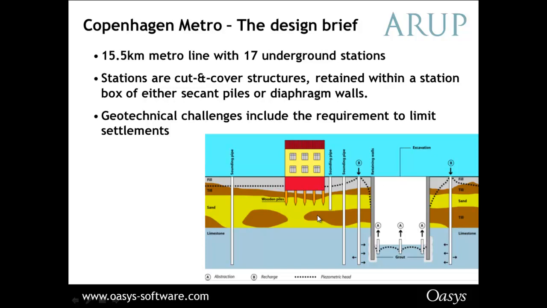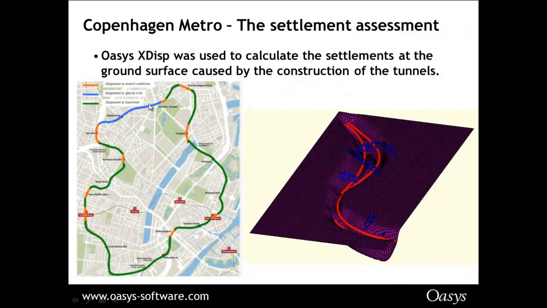So limiting settlement was really key to this specific project. And in this particular case, Xdisp was used to plot this tunnel and look at the kind of settlements you've got around it, pick up the key buildings, and then carry out building damage assessments.